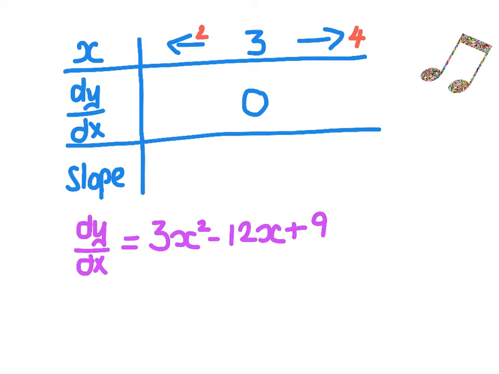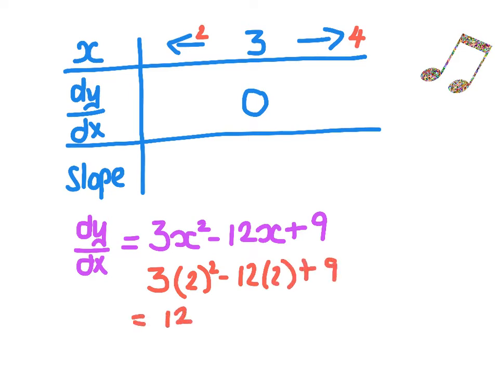I'm going to put a 2 in, so 3 times 2 squared minus 12 times 2 plus 9. 3 times 4 is 12 minus 24 plus 9. Now at this point I can tell it's going to be negative because the 24 is bigger than the 12 and the 9, but I'll calculate it fully, so it's negative 3.